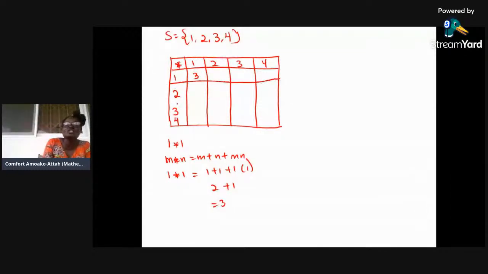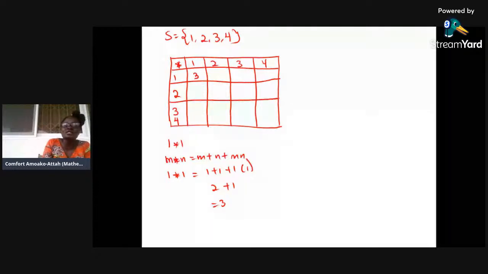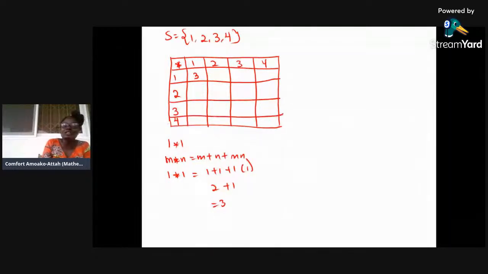Some students usually finish solving everything but forget to form their table and to fix their values. If you do that, you won't be given any mark for what you've done. Usually they don't award marks to the calculations. They award marks to the table.